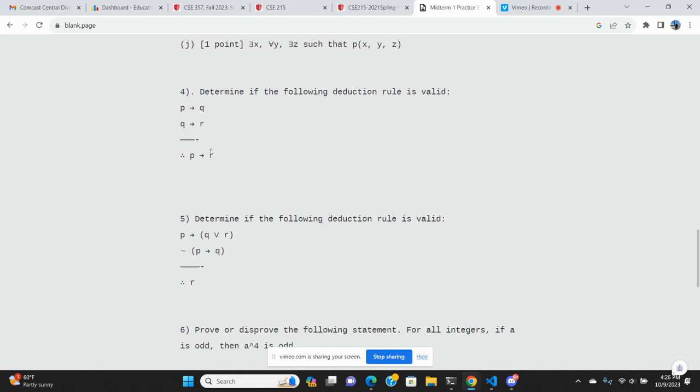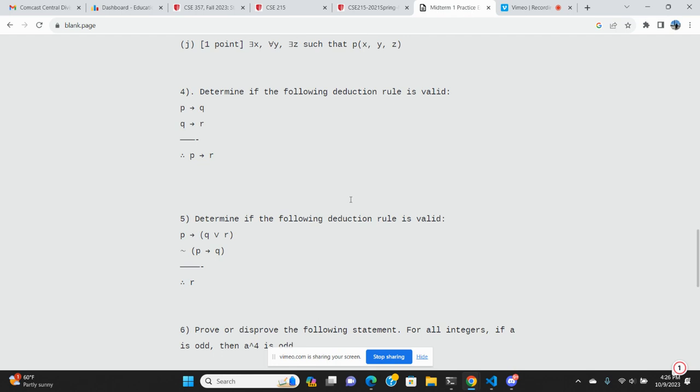So now we move into logical inferences or deductions. Determine if the following deduction rule is valid. P implies Q, Q implies R. So does P implies R in this case?